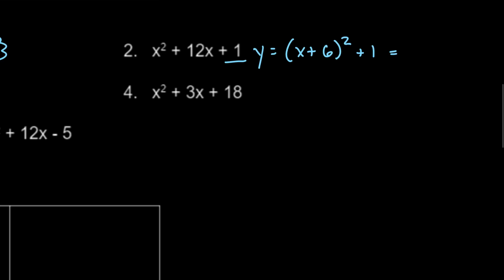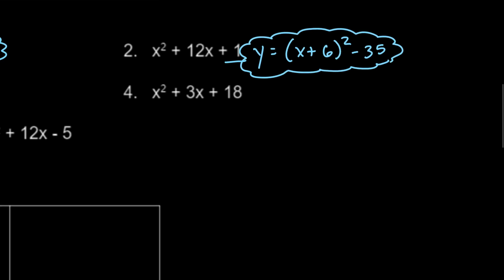Right, your b divided by 2 squared term. So what is 6 squared? To get it to the other side, we subtract 36. And what is 1 minus 36? Negative 35. So that's where that answer came from.